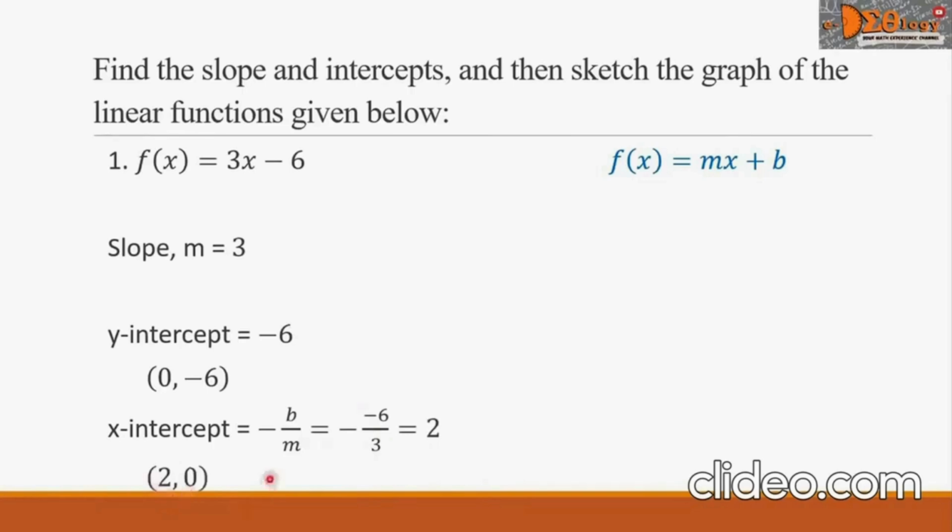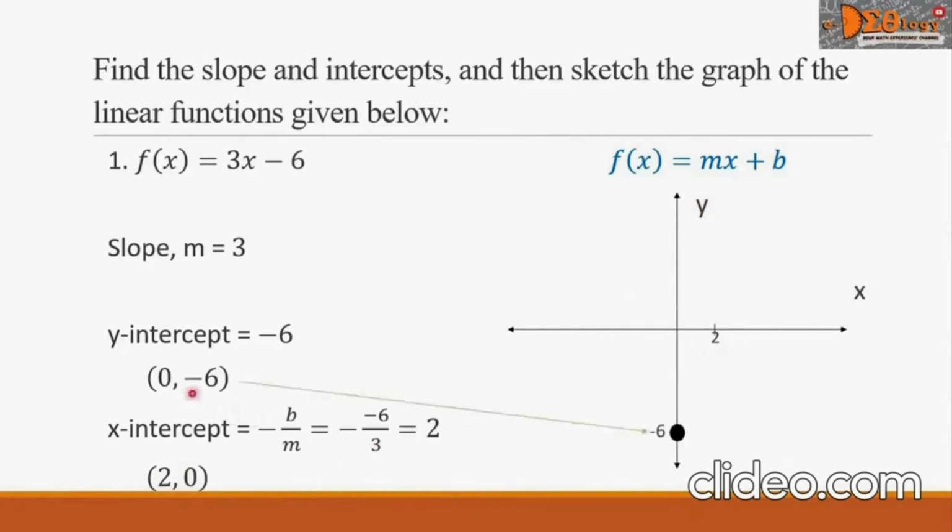Now let us sketch the graph. Let us show the x and y axis and then identify the negative 6 on the y-axis and the positive 2 on the x-axis. Then let us plot the points.